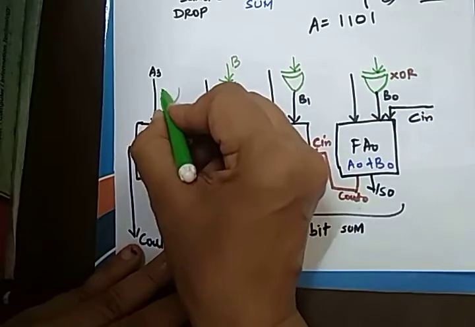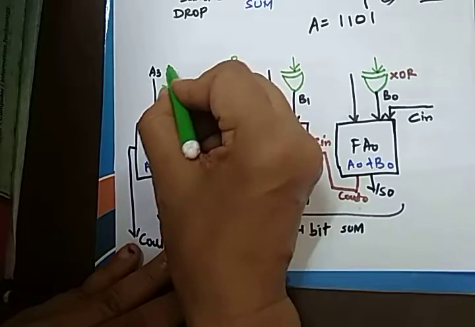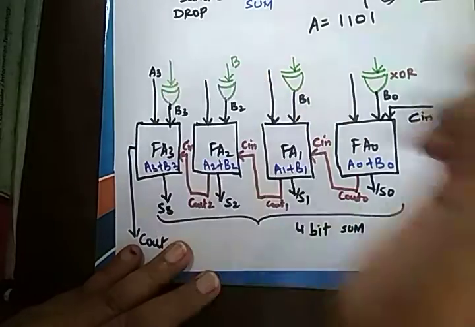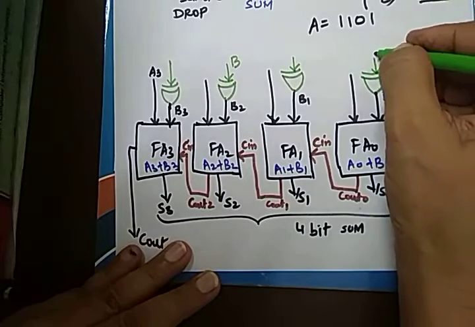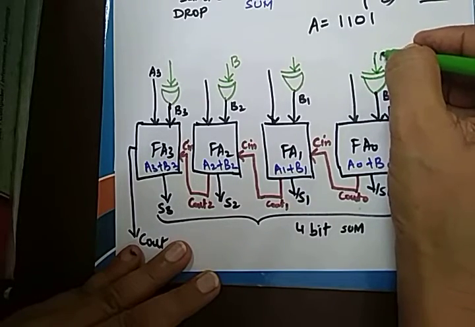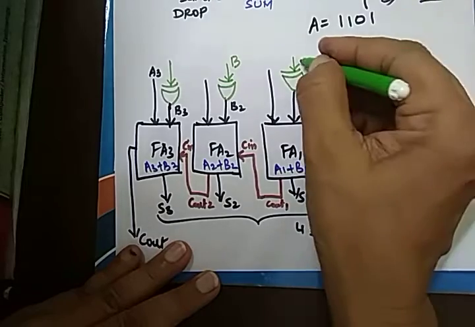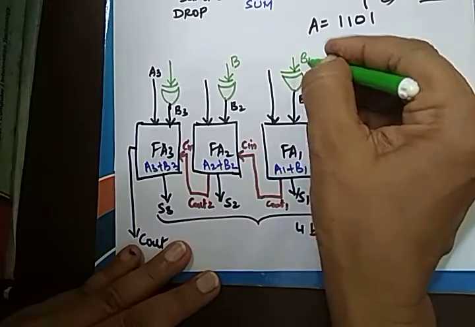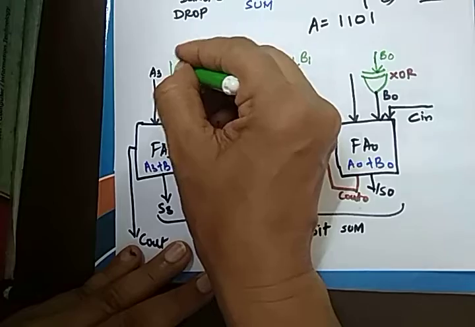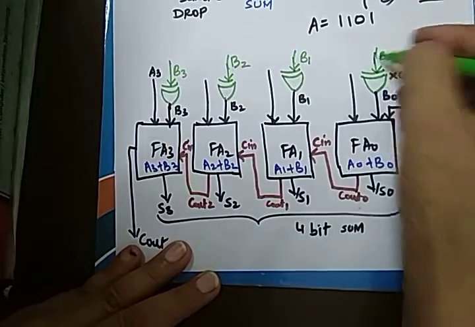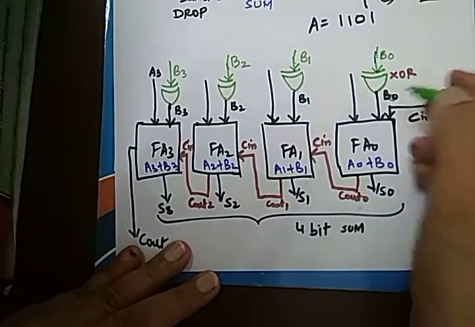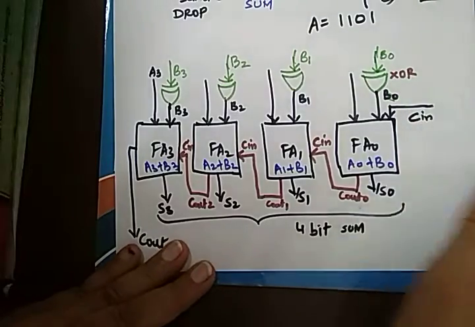Why for the B input? Why not for the A input? Because it is the B input which is to be complemented. So this B0 is coming from here, this B1 is coming from here, B2 is here, and B3 is here. So we cross these. Okay, we leave this like this.